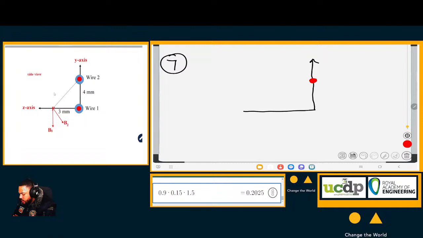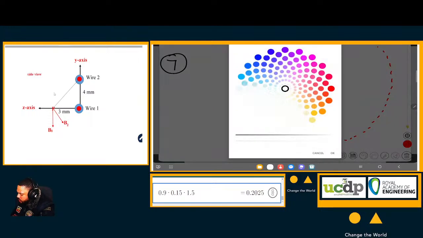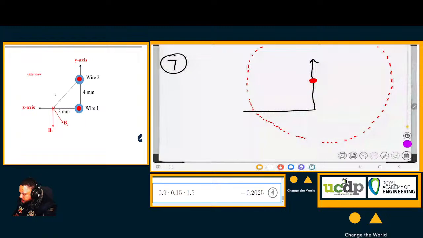So it'll have a magnetic field that goes through this point here, somehow like this, in a circle. It'll touch that point P like that. Then we have a purple one, the magnetic field at this point here, and it will touch that point P like this.